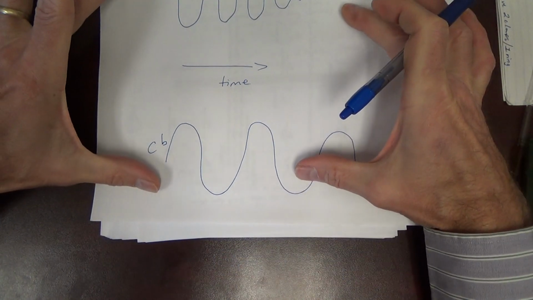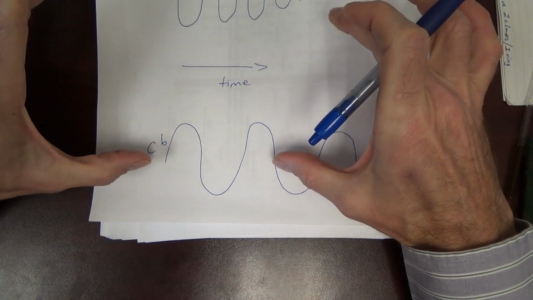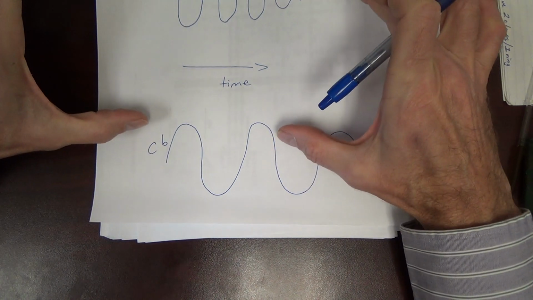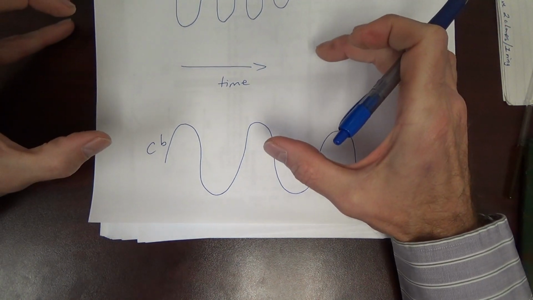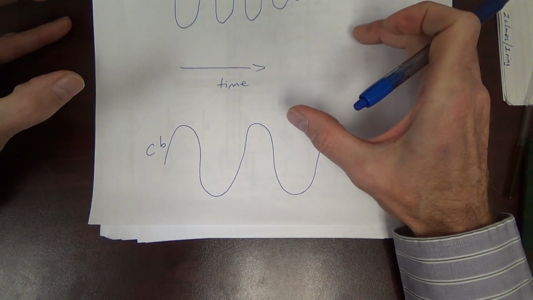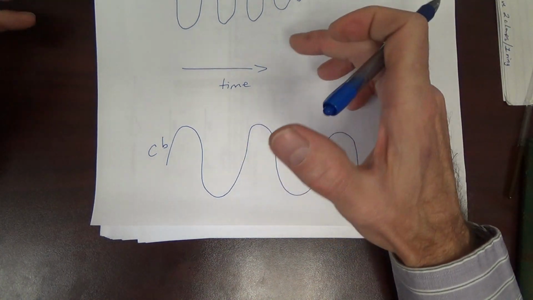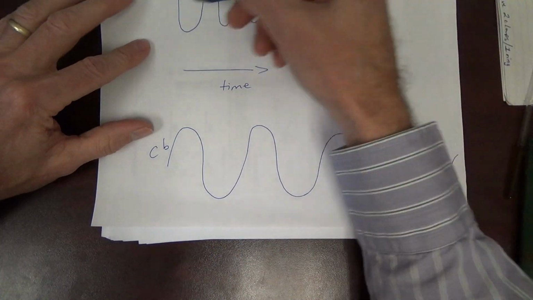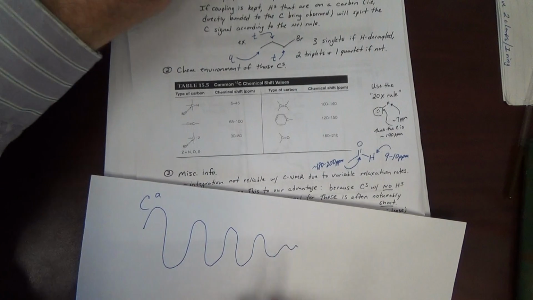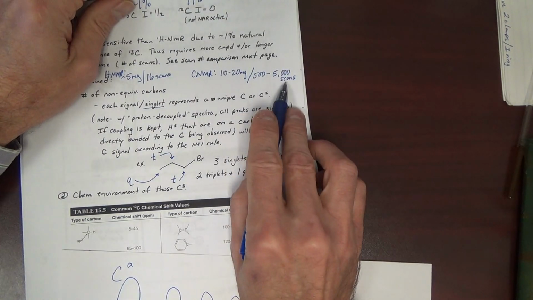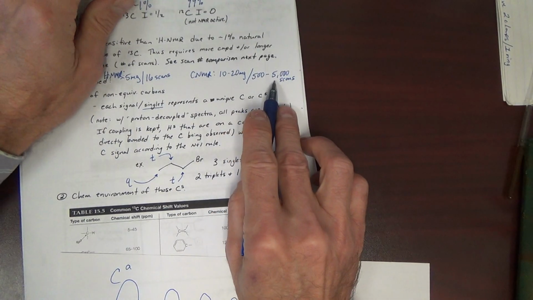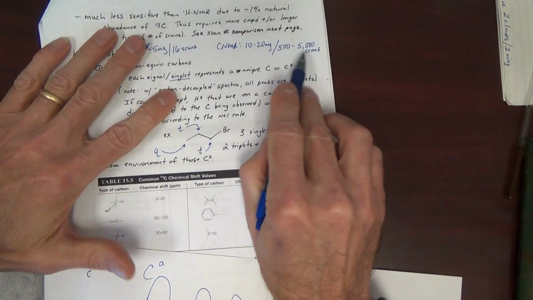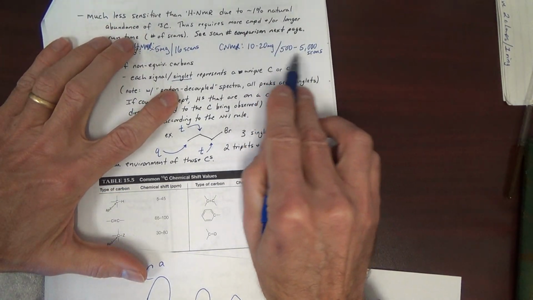Now this is one scan. We pump in the radio frequency, it gets absorbed, spin flip, but then it flips again and the energy comes back out and we measure it. But remember, we're going to run 500 to 5,000 scans. Between each scan, we measure energy coming back out.